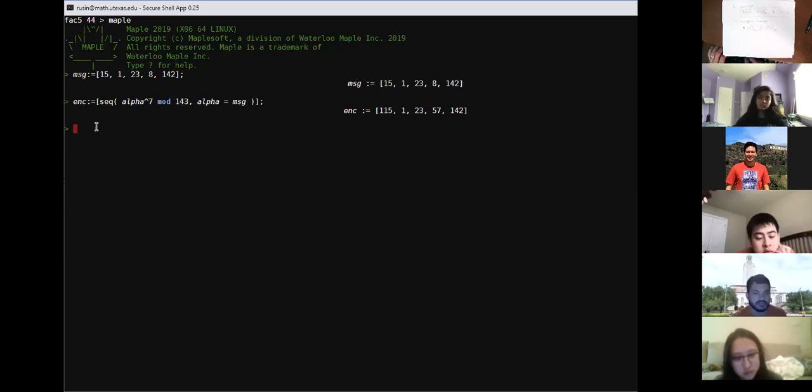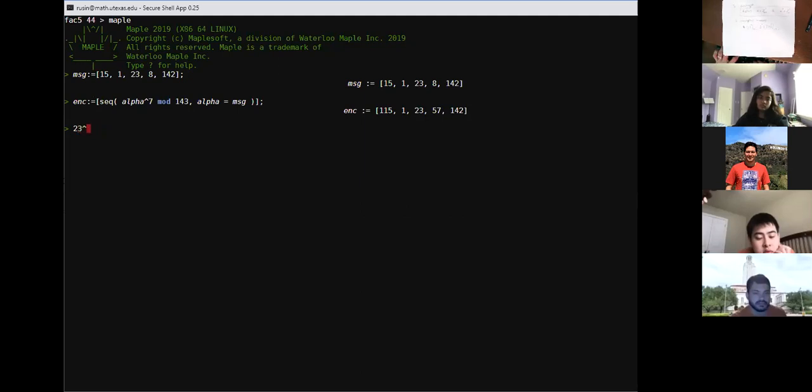That must mean that if this statement is true, then if I divide both sides by 23, which is to say multiply both sides by the inverse of 23, that must be telling me that 23 to the 6th power must be congruent to 1 modulo 143. And sure enough, that's what Maple reports. Okay, well, it is what it is.